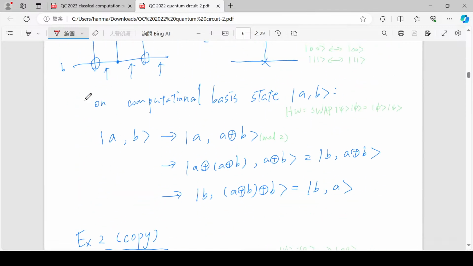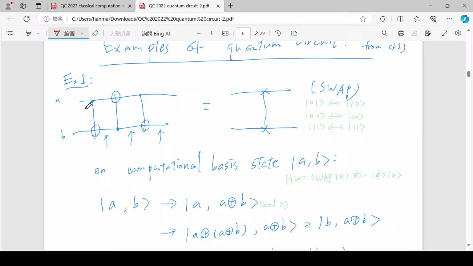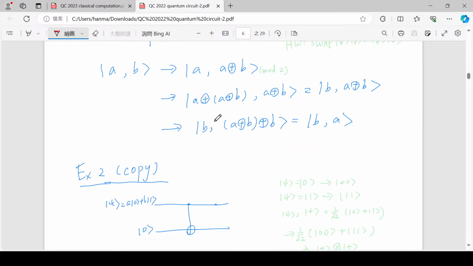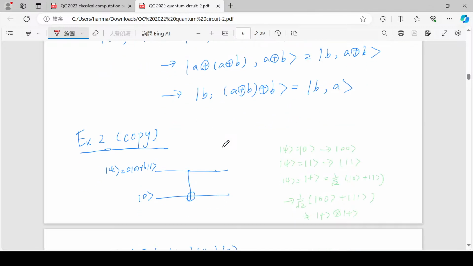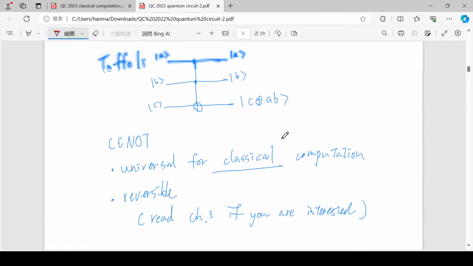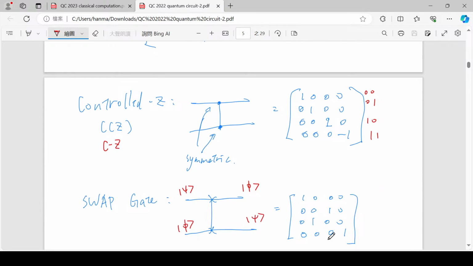As we say, you expand in computational basis. Well, here we are lucky because everything always stays in computational basis. It's quite classical. But in general, you can expand everything in computational basis and just do what each gate does on computational basis. And this will be a little easier than if you write everything in a big matrix.